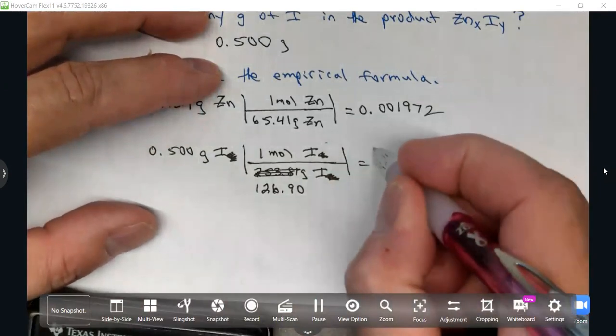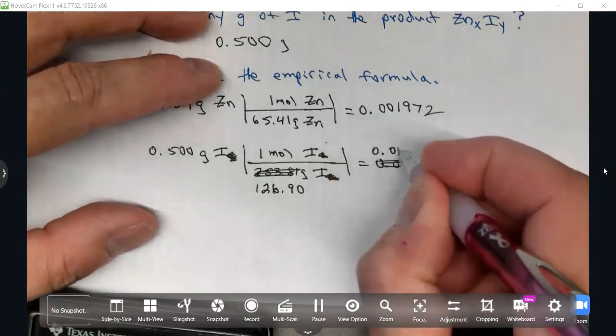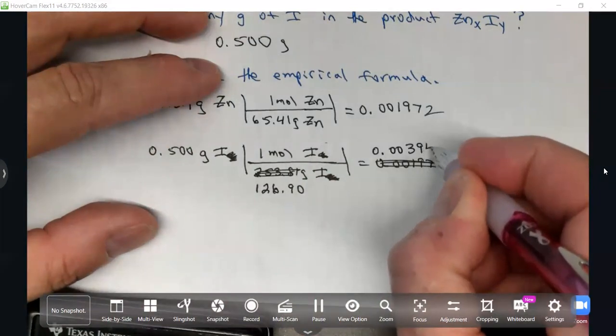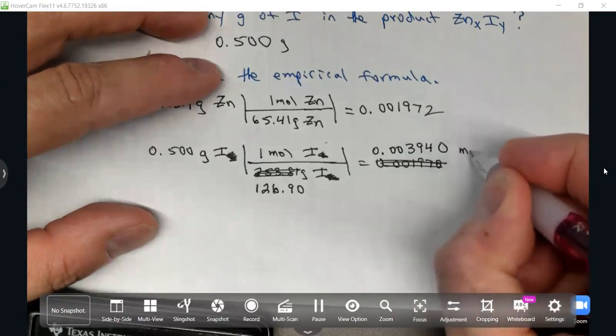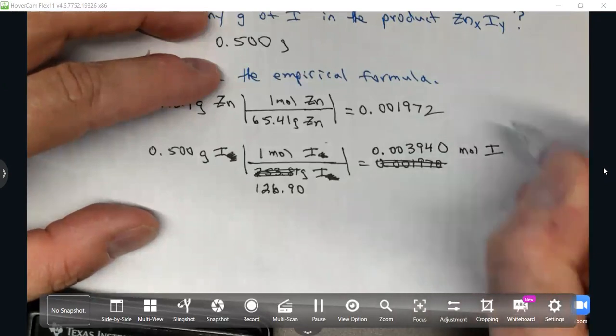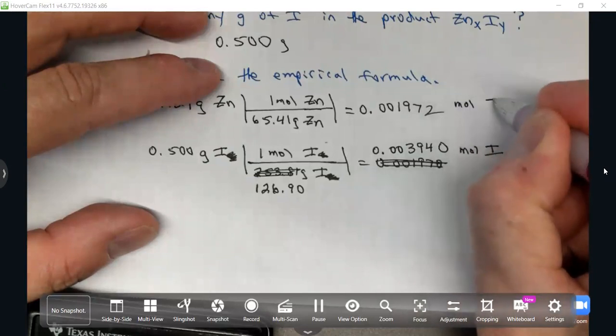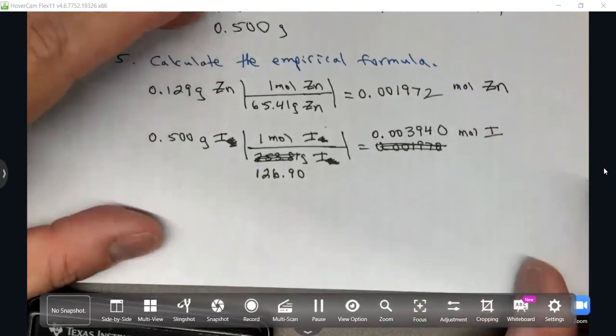So now we got 0.003940. So now it's going to work out. This is mole of I. Mole zinc.